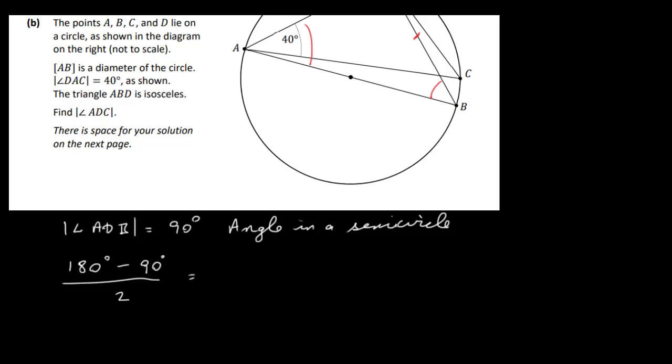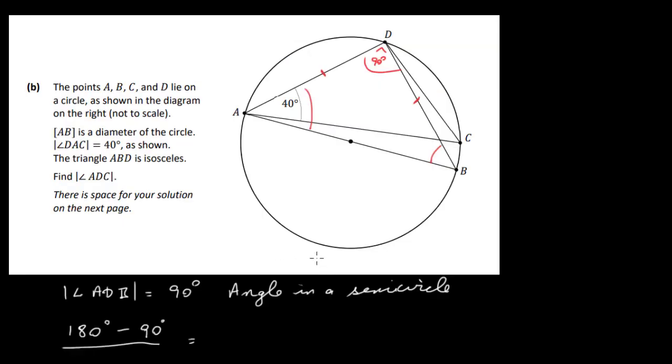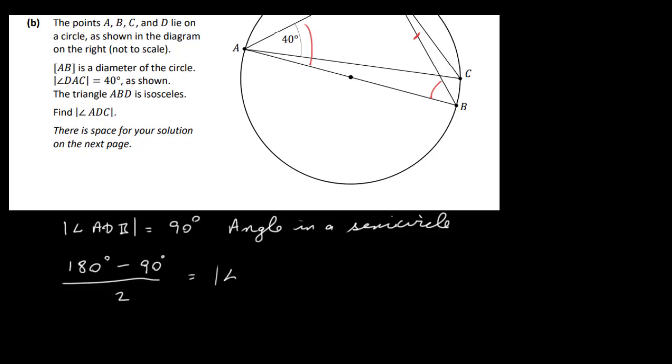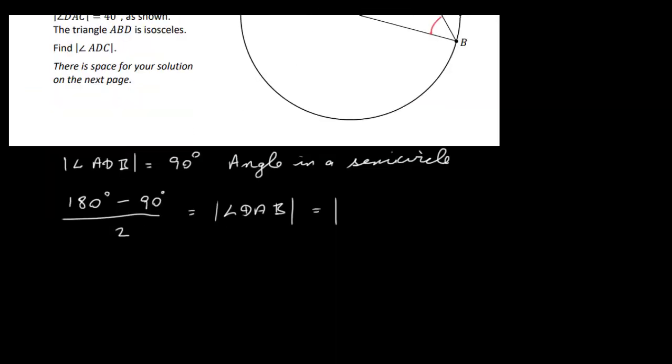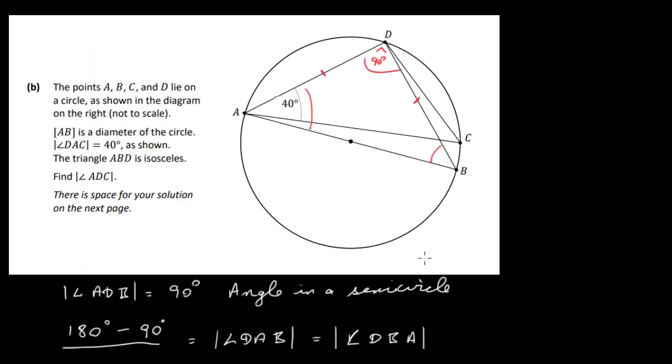That's going to be equal to angle DAB and it's also going to be equal to angle DBA. And when you work that out, you get 45 degrees. So both those angles are 45 degrees.